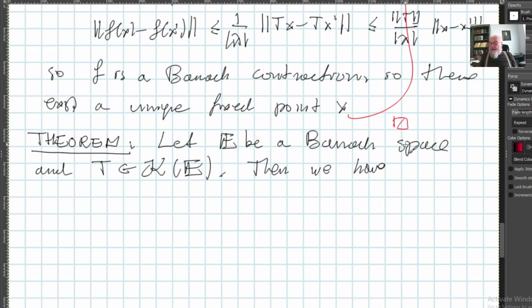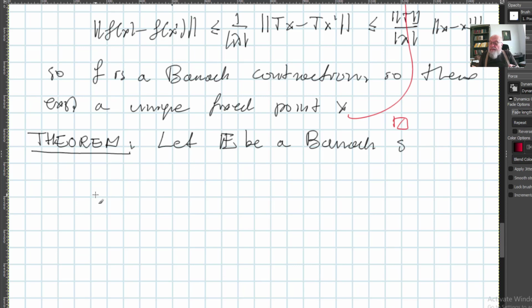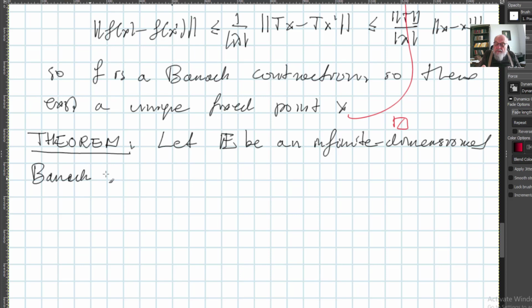Then we have the following points. So A, then we have an infinite dimensional Banach space, and T belongs to the compact operators.